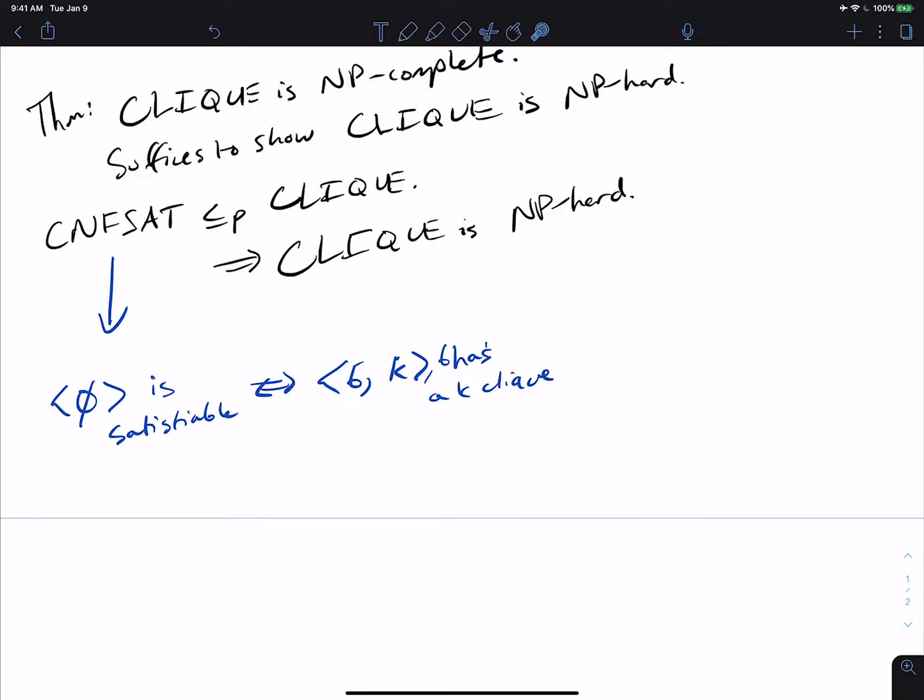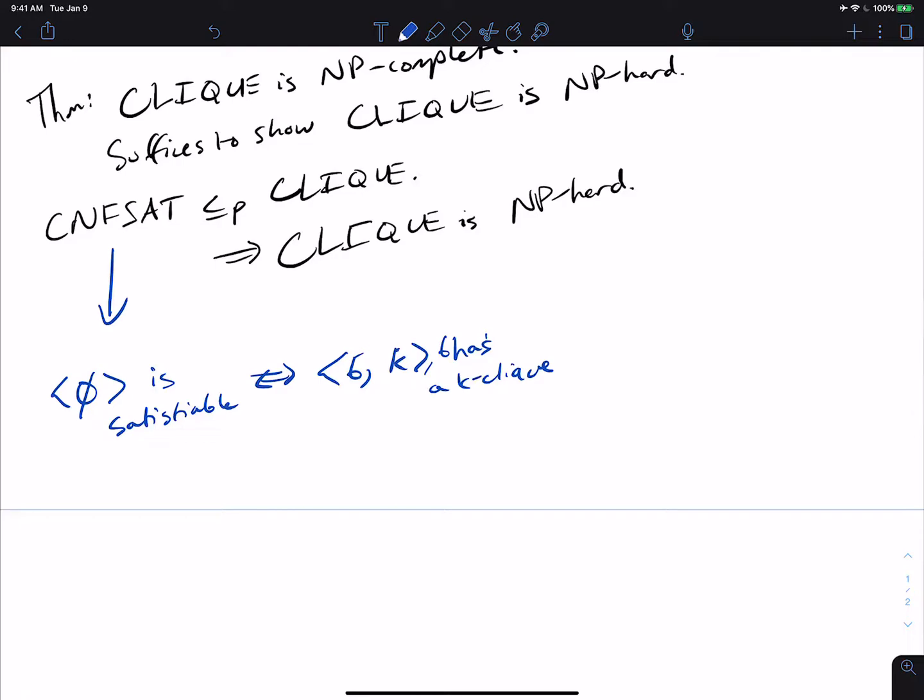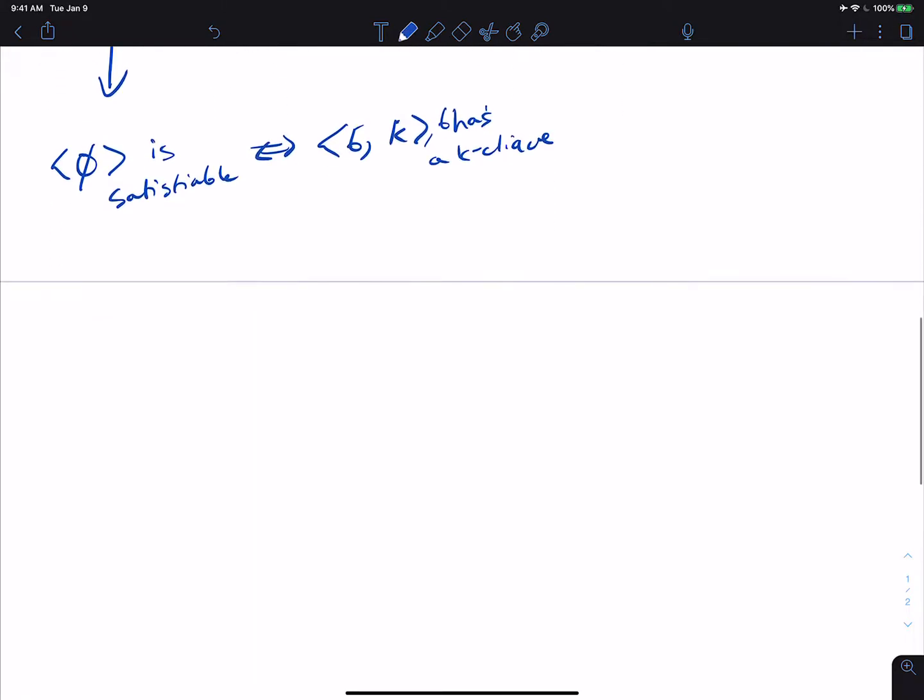Notice that the answer of whether it's satisfiable is the same as whether G has a K-clique or not. So how do we actually transform the formula into a graph? The idea here is to use something called a gadget. This is called a gadget style proof.